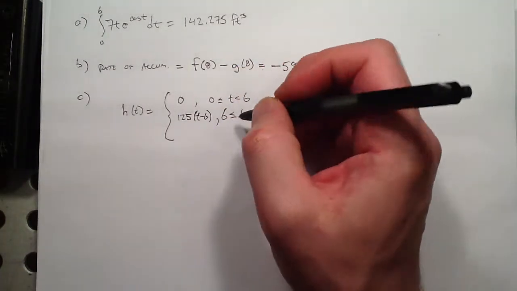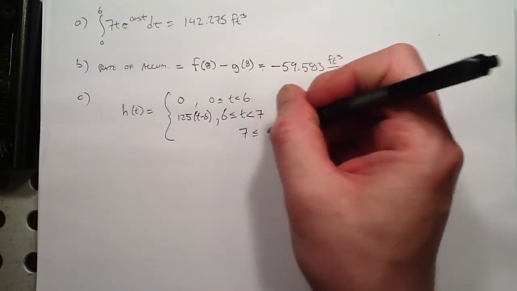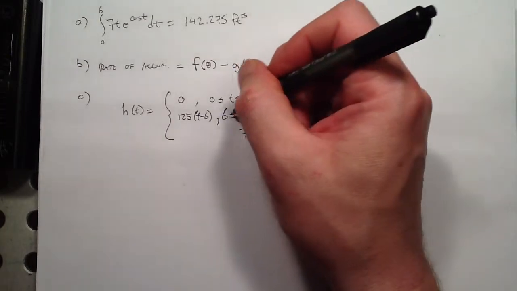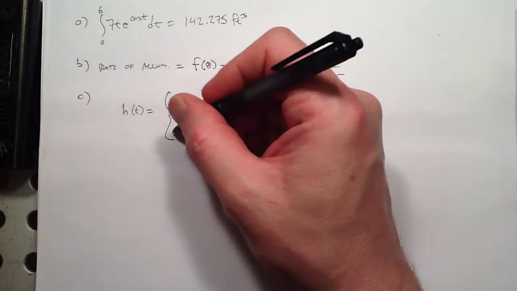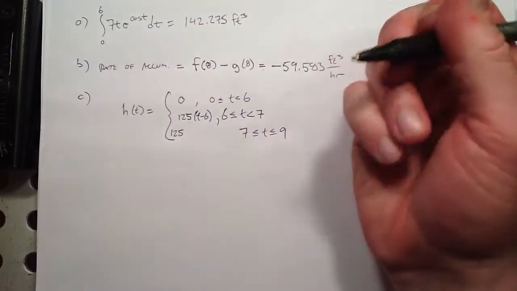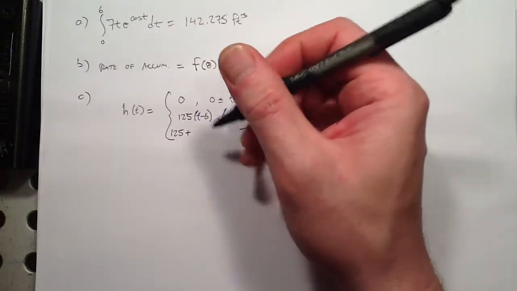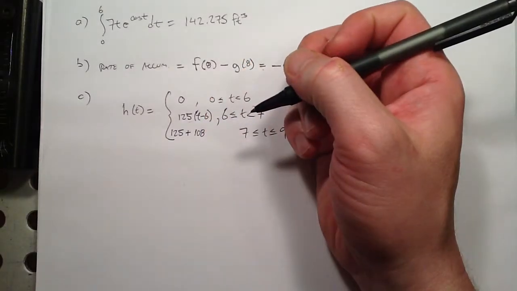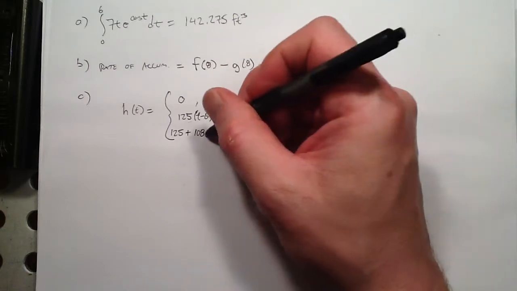Now, how much has she removed in the 7 to 9 time period? Well, by the time it gets to 7, she's been removing it for 1 hour at this rate. So she's already removed this much. This is like a plus C here, right? Plus, now she's removing it at 108 cubic feet per hour, but this time doesn't start ticking till 7.